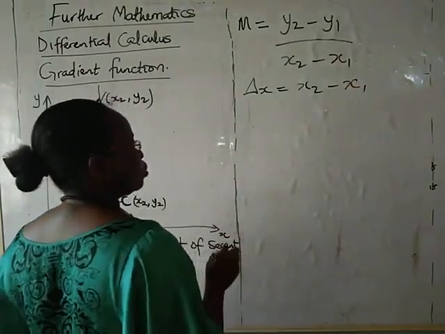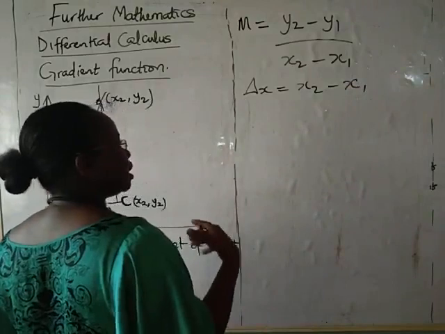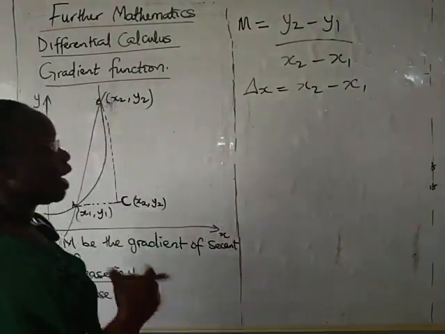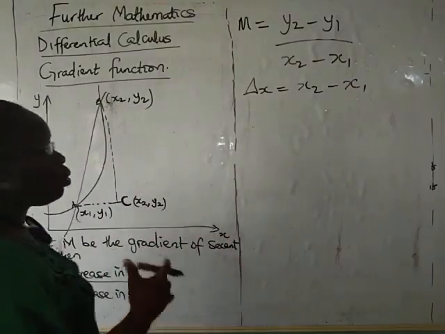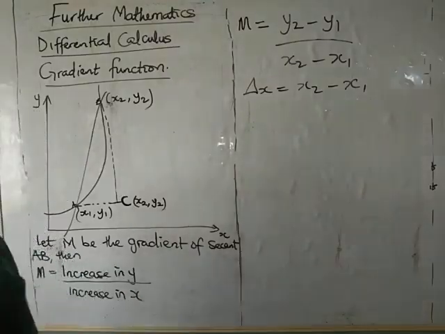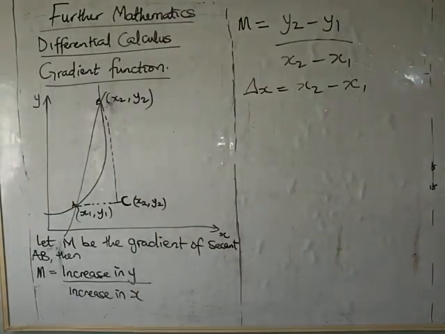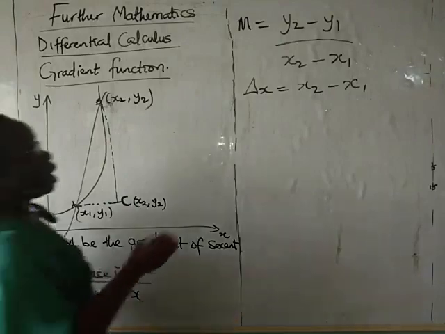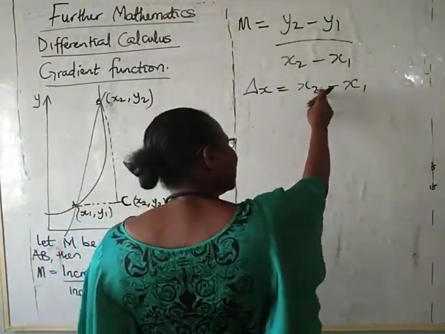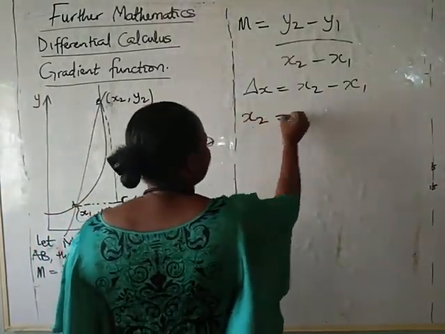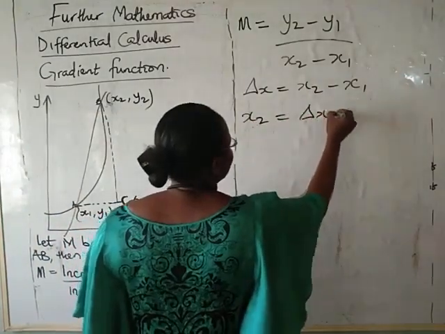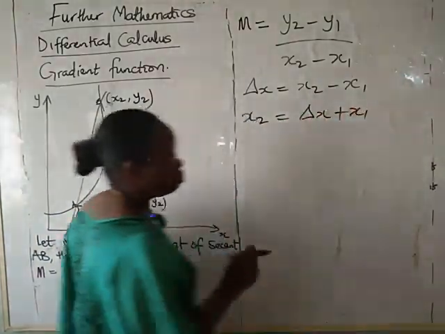From this relationship, we can easily get our x2. x2 is the same thing as delta x plus x1.